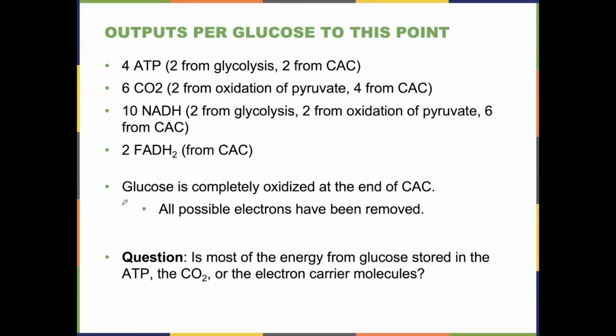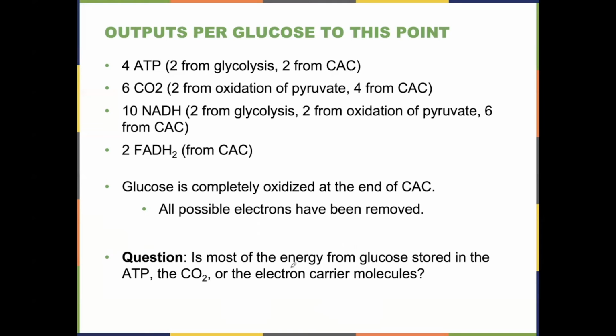At this point, remember the carbon from glucose is completely gone, and so really is all of the energy. It is completely oxidized, and all of the electrons have been removed and shuttled into these electron carriers here. So one question to consider here is, where is most of the energy at this point? Is it in ATP?